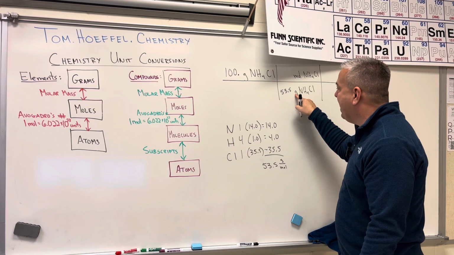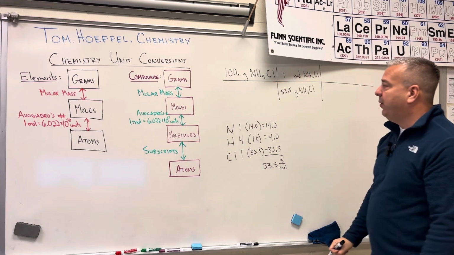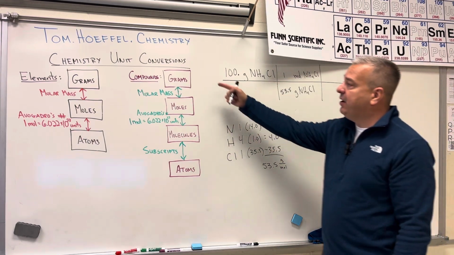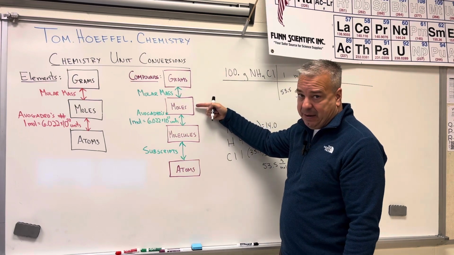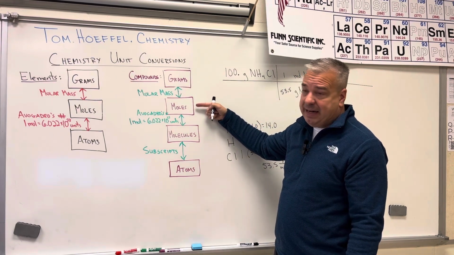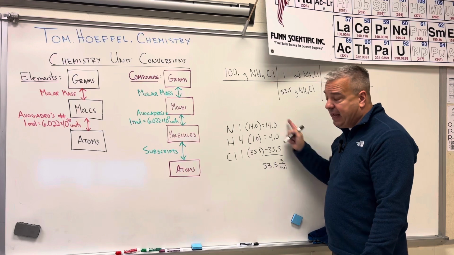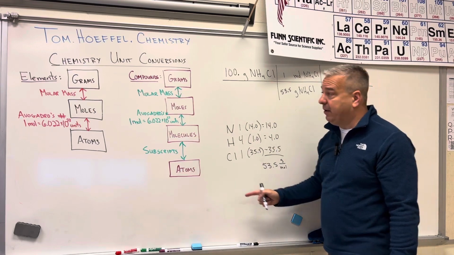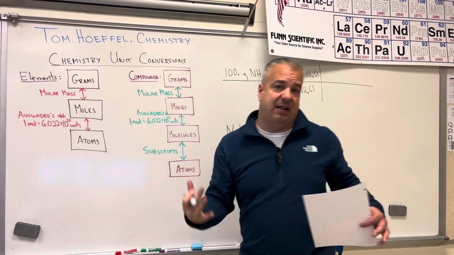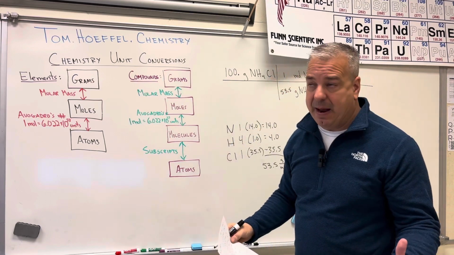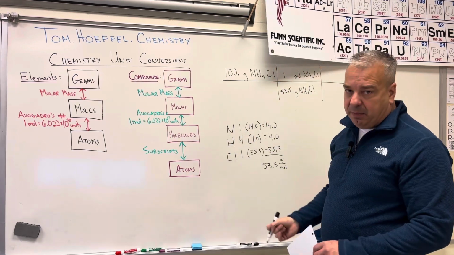53.5 grams for every 1 mole. Okay, so that's how we convert grams to moles when it's a compound. It's a little bit more tedious because we got to add all the elements that make up the compound, whereas for the element, we just had to look at the periodic table and look up the atomic mass. So compounds, a little bit more challenging.